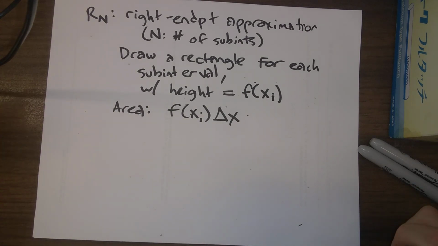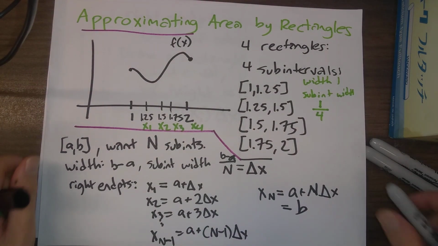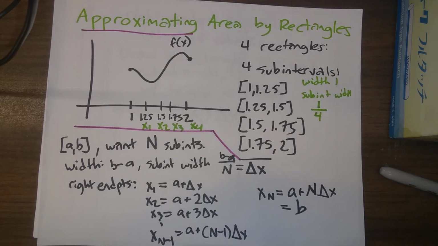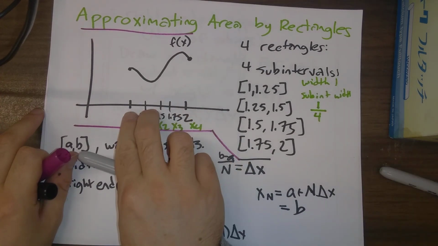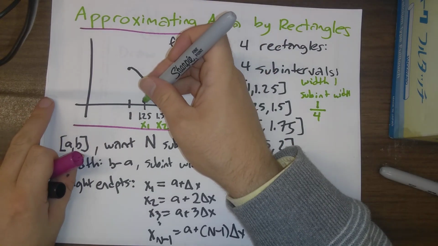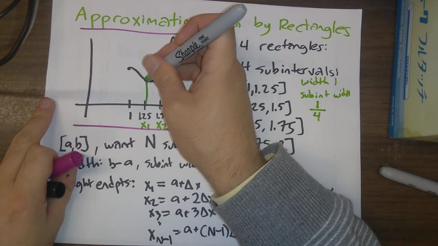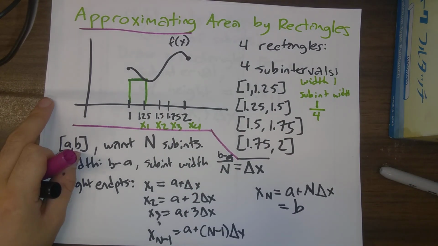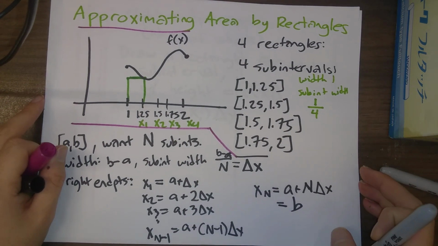Let's go back to make sure we're on the same page and draw a picture now. For this first subinterval, 1 to 1.25, we draw a rectangle with height, this value right here, f of 1.25.